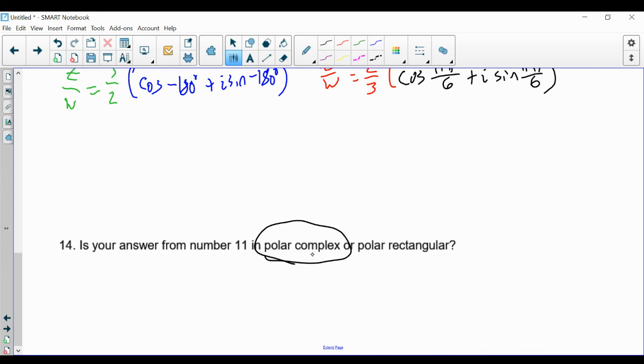Oh, and it's complex because, yeah, that's a typo there. We'll fix that. That should say complex rectangular, or rectangular complex. But that's fine. It'll probably be fixed on your copy.